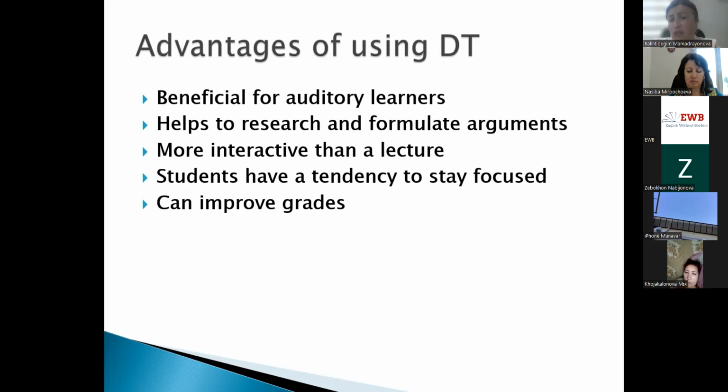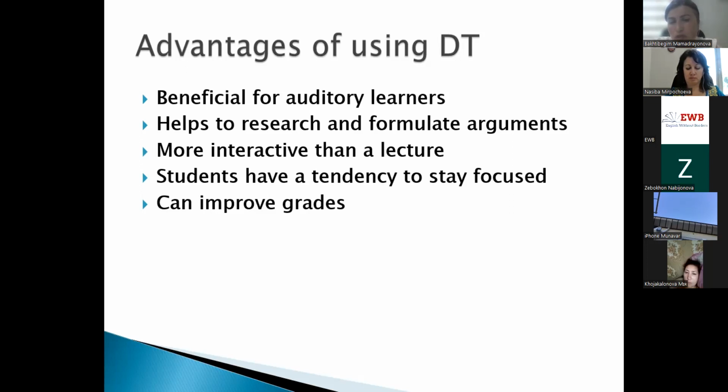So more interactive than a lecture. Of course, some teachers, when they give the presentation, we can name the presentation a kind of lecture. It also works at university. When we give lectures, it is not a process of interactive learning, collaborative learning, but when you put the question among students, it may interact all the students.